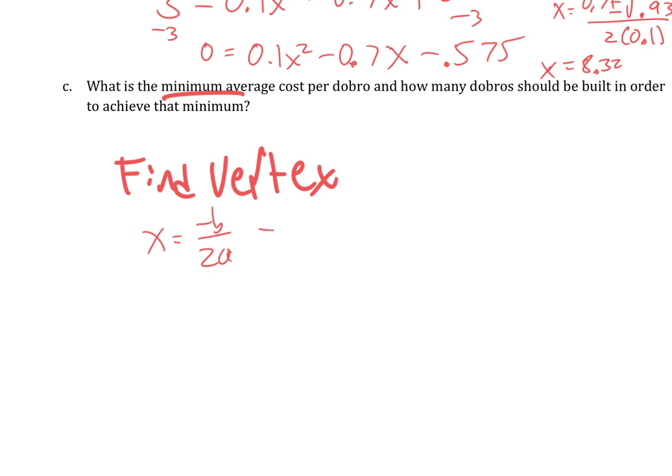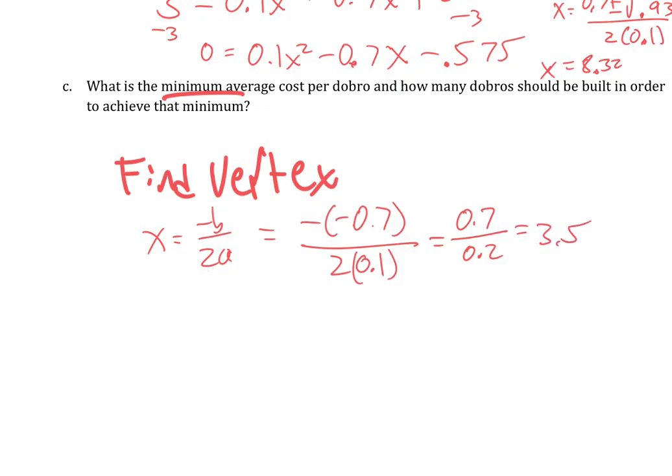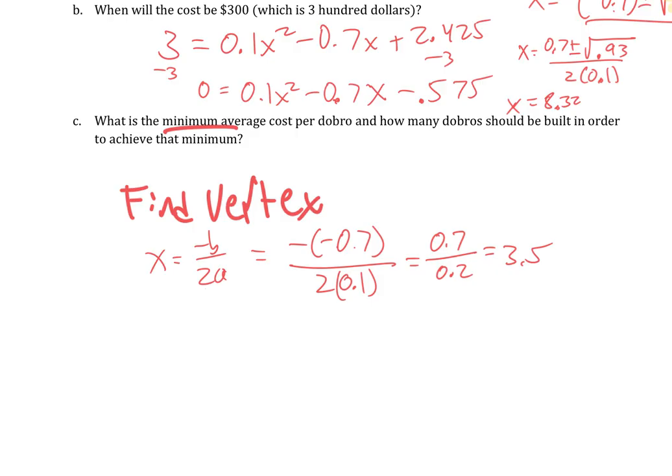So that happens at negative b, which is negative negative 0.7, all over 2 times 0.1, which is just 0.7 divided by 0.2. And that's the same as 7 divided by 2, which is 3.5. So x happens at 3.5.